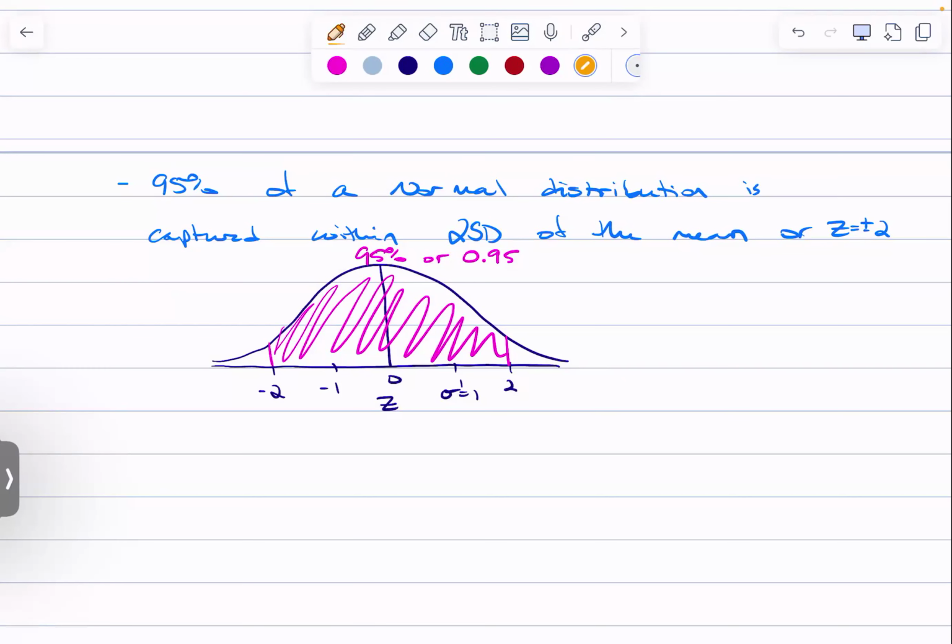And usually how I denote this, because it can get pretty messy if we're shading things in and there's overlap and things like that, I just kind of draw an arrow up and over to indicate that this area is 0.05 divided by 2, which is 0.025. Right. So 1 minus 0.95 is 0.05, split between the tails.